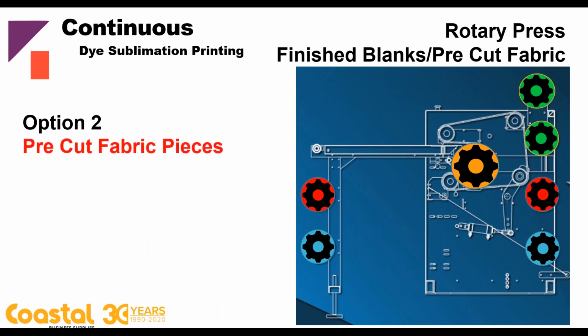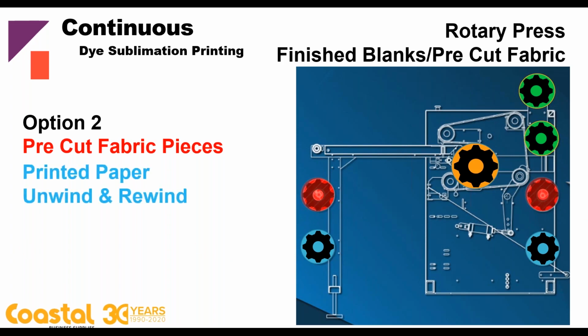With option 2, you would take pre-cut fabric pieces. And because of that, we're not going to use these two components. So we're not going to use this bar or this take-up system. We will still have the transfer paper here that you had printed off, and it'll still go up and across the table and around the drum.